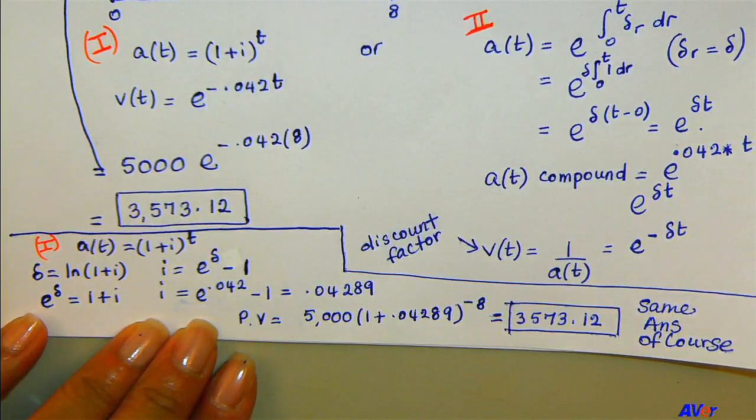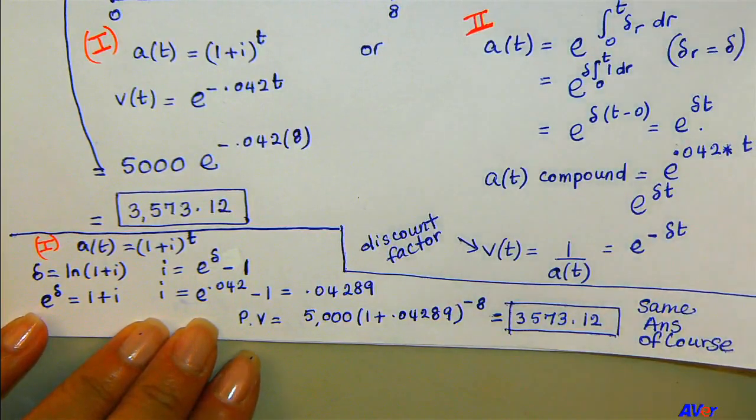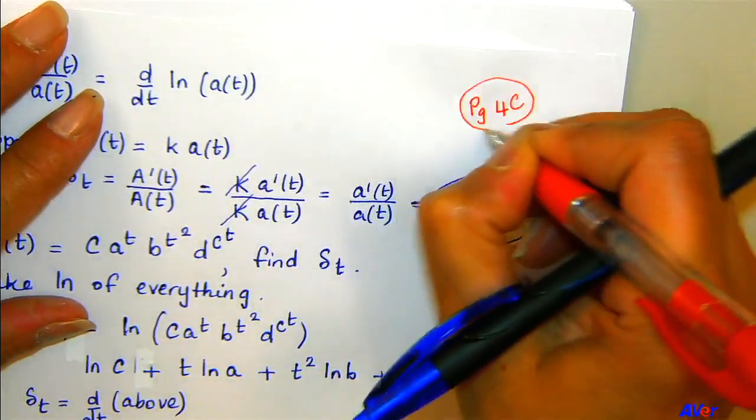Okay, next problem. So what should we call this? This was page 4C. And page 4D.